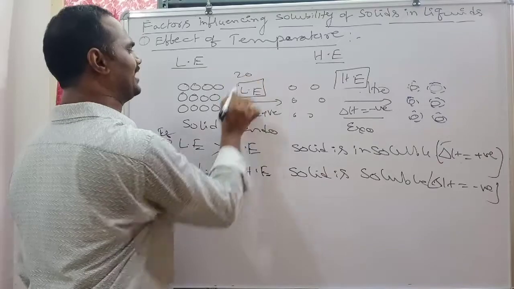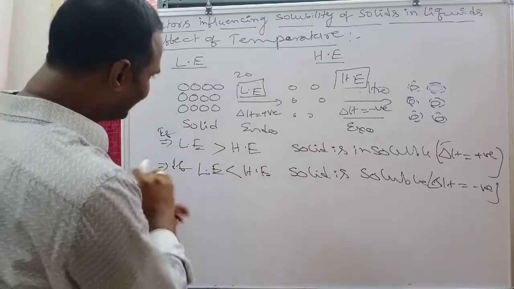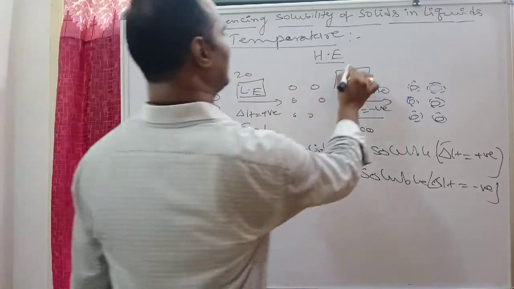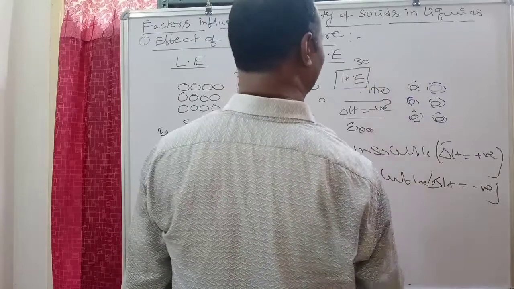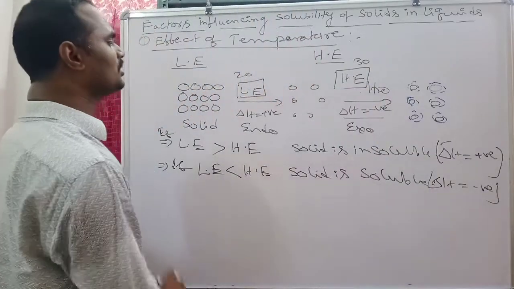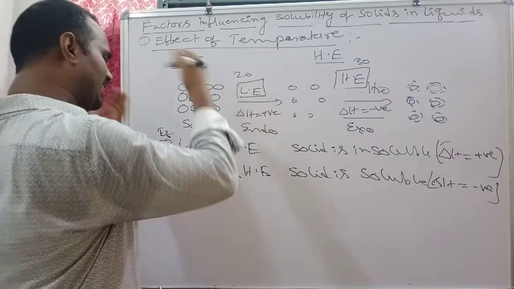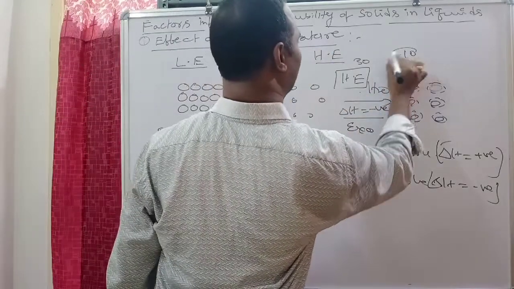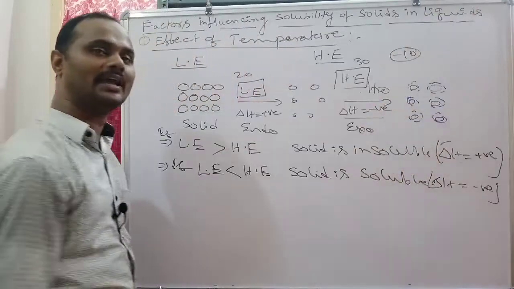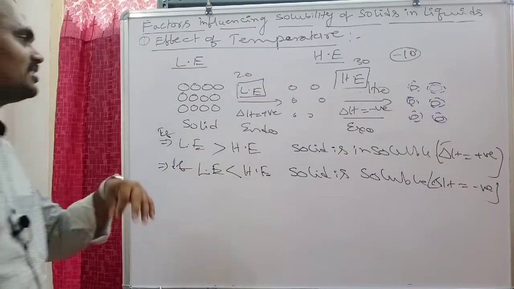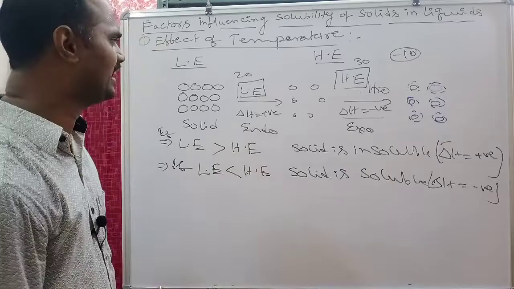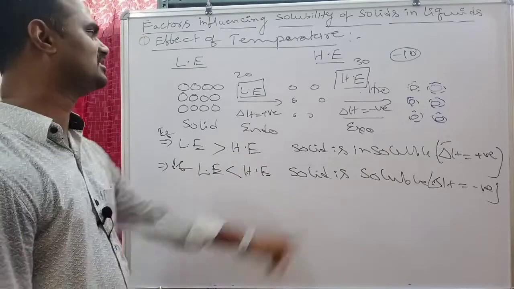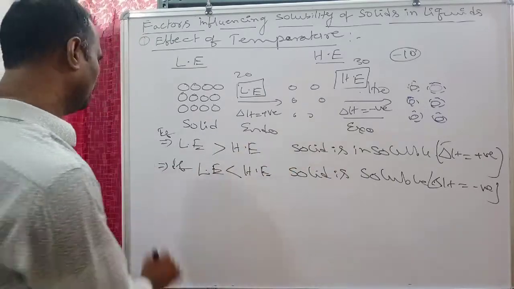Suppose 20 calories of energy is required to dissociate the solid, and 30 calories of energy is released due to hydration. The net energy is minus 10, meaning 10 calories are released. In such cases we need not give any energy; it dissolves by itself. The reason is that hydration energy is more.